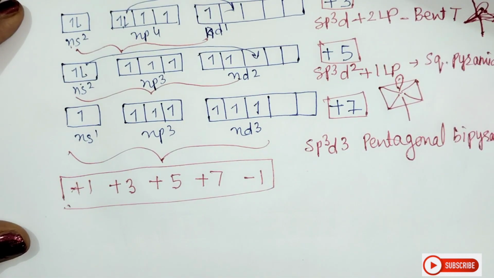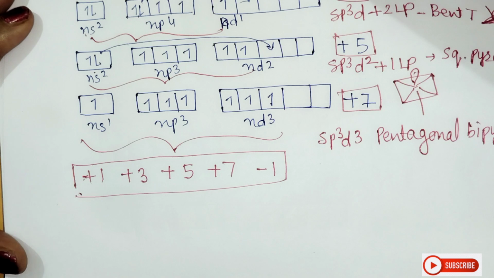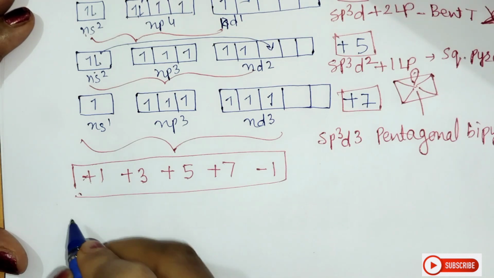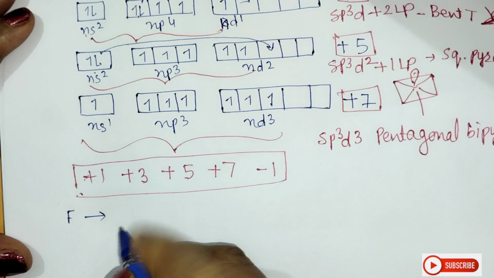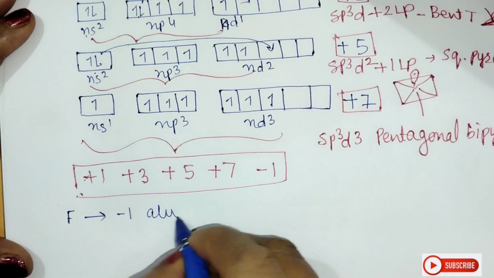Now students, you know that fluorine is the most electronegative element in the complete periodic table with the electronegativity of 4, so it cannot exhibit any positive oxidation state, and therefore fluorine always prefers to exhibit -1 oxidation state, always.